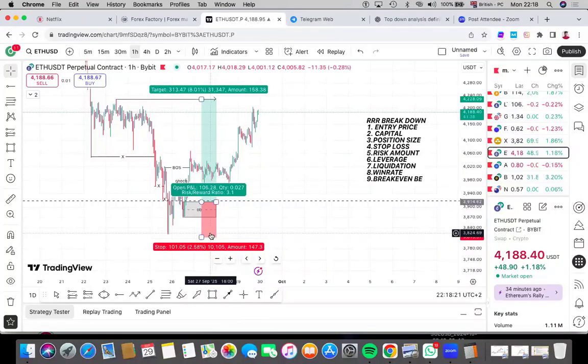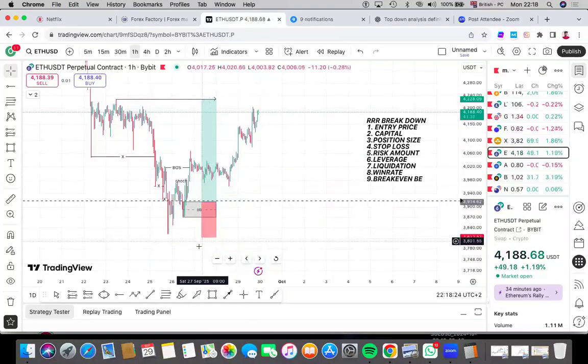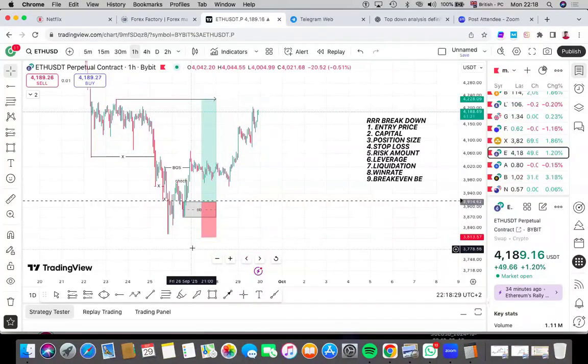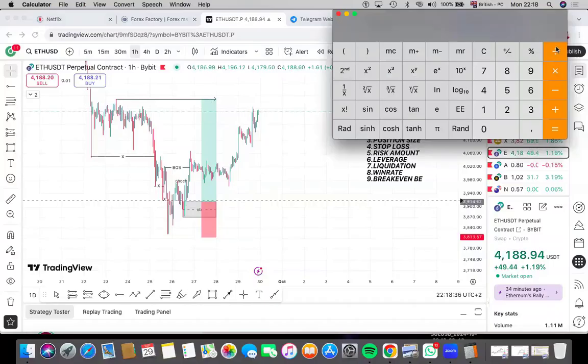So just know that for me to have proper position sizing, I have to divide my risk amount by the distance to stop loss, which is 2.58%. So the amount of Ethereum I'm supposed to buy will be 38.